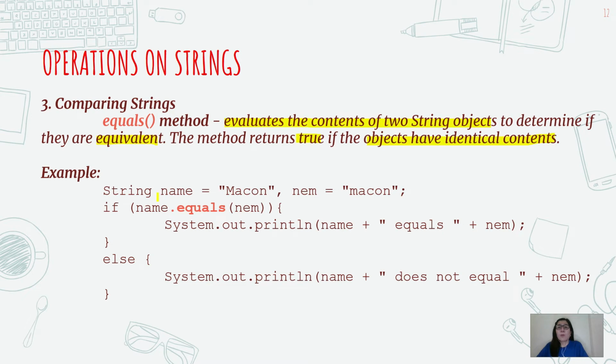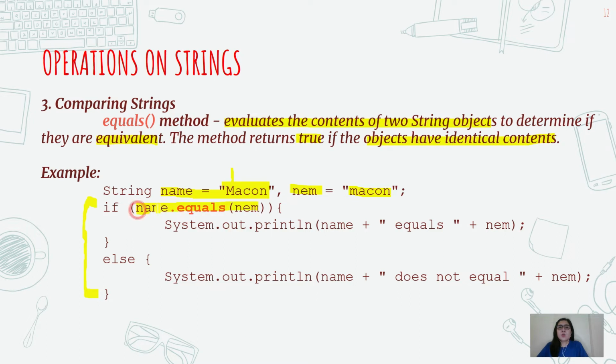Since magko-compare tayo ng dalawang string, so we have variable name na ang value niya is macon with the uppercase M, and the variable name with ang string value naman niya is macon wherein lowercase lahat. So, ang gagamitin natin, magpe-perform tayo ng conditional statement, particularly the if-else condition. So, sa ating if, dun natin ilalagay yung condition. Paano?